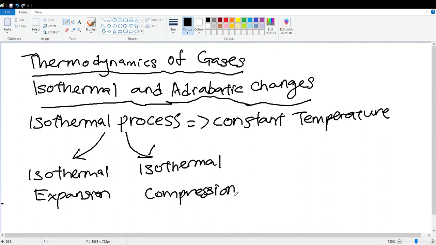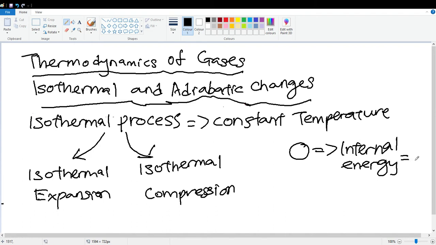Since the isothermal process is the condition of constant temperature, it means that the internal energy of the gas molecule is equal to 0.